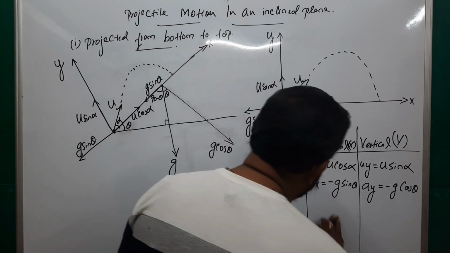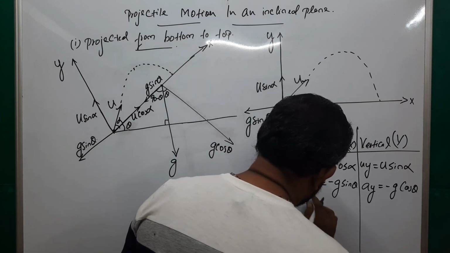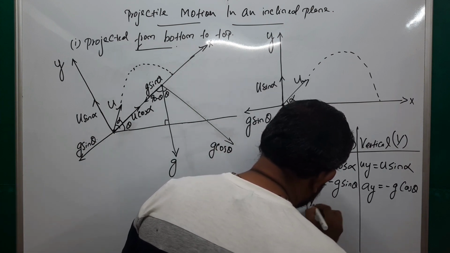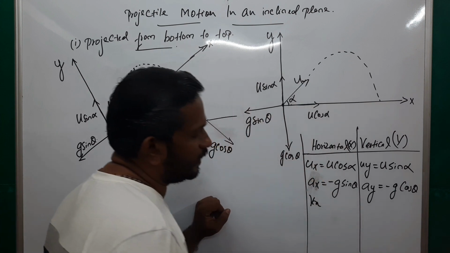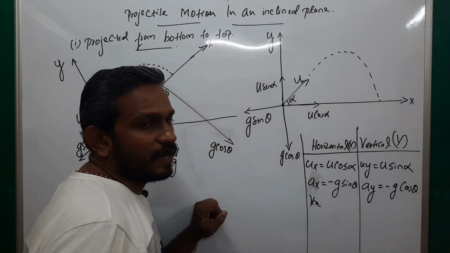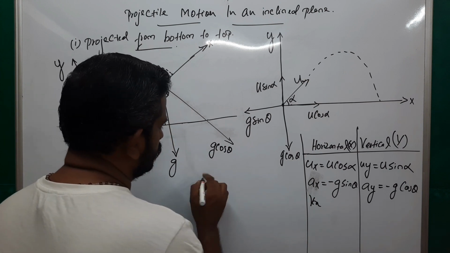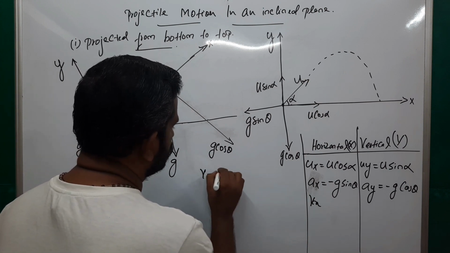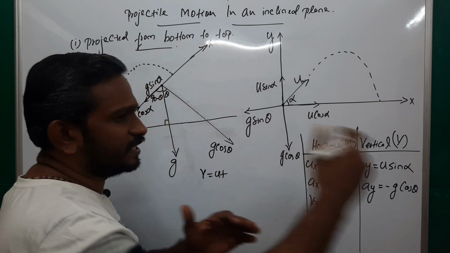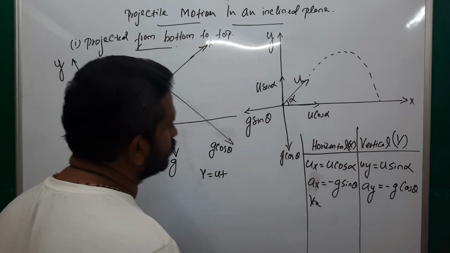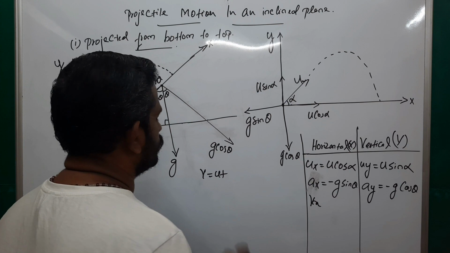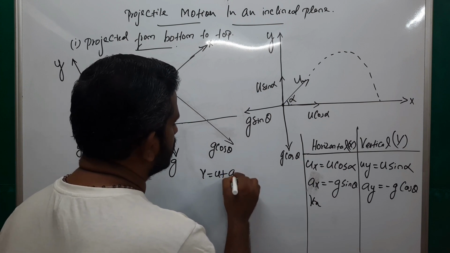So what is the final velocity? That is vx, the final velocity in the horizontal direction, after a certain interval of time t. So v is equal to u plus at.